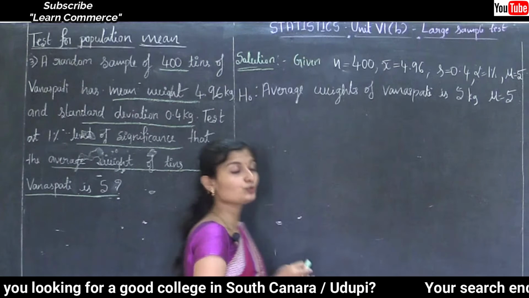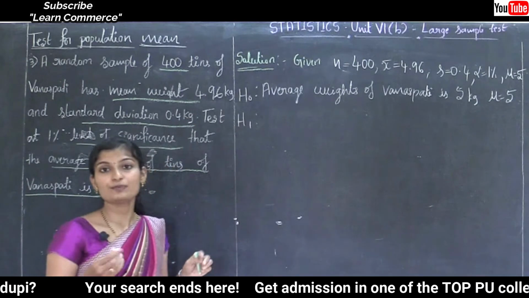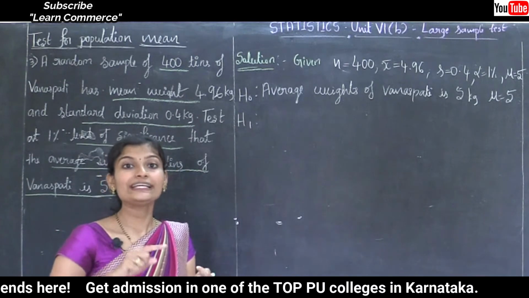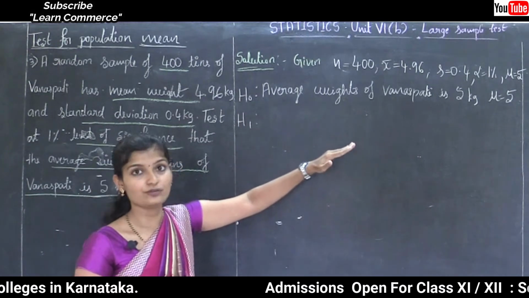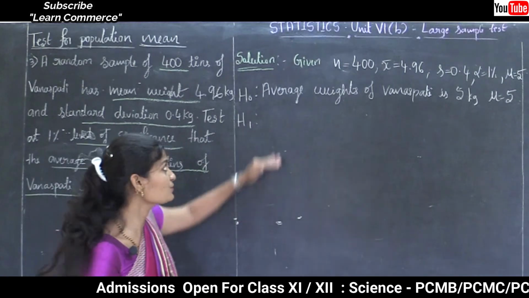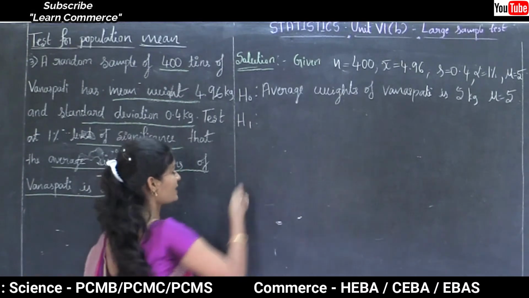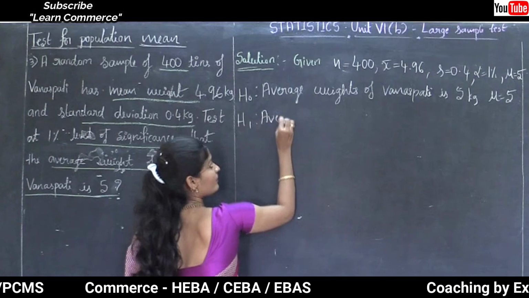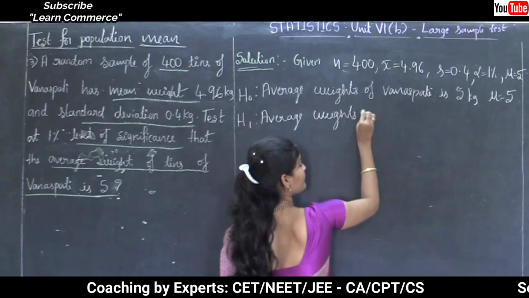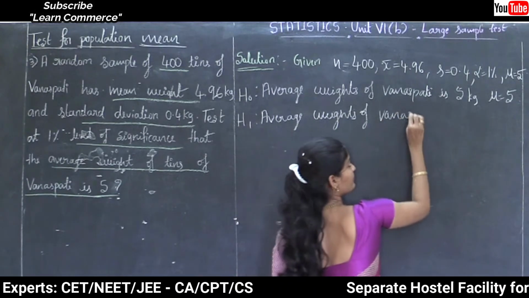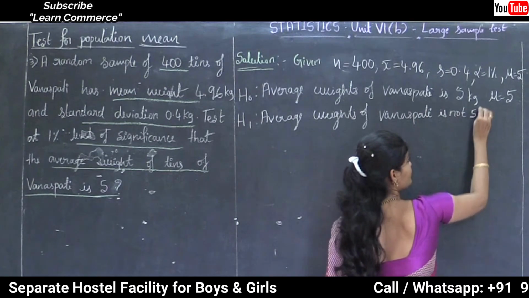Then what is step 2? Step 2 is setting up of alternative hypothesis. We know that alternative hypothesis is always greater than or less than or not equal to type. See the sentence of H naught. H naught is average weights of vanaspati is 5 kg. And what are the possible rejections there? Here suitable rejection is average weights of vanaspati is not 5 kg. So H1 is average weights of vanaspati is not 5 kg.